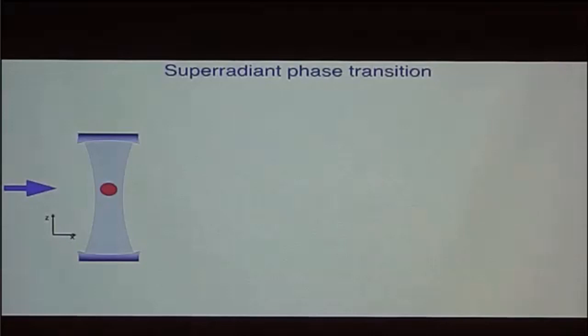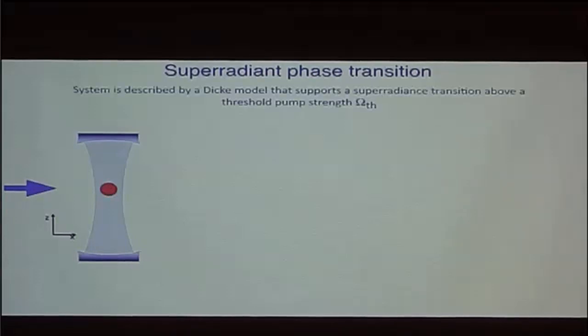Okay, so how do we generate the lattice in the first place? We generate it self-consistently through a superradiant phase transition. I flipped things on their head just to save room, but you have the atoms here, you pump it, and if you pump beyond a particular threshold, which you can calculate easily, you get what's called a superradiant transition into a checkerboard structure. This is akin to the well-known Dicke model, okay?